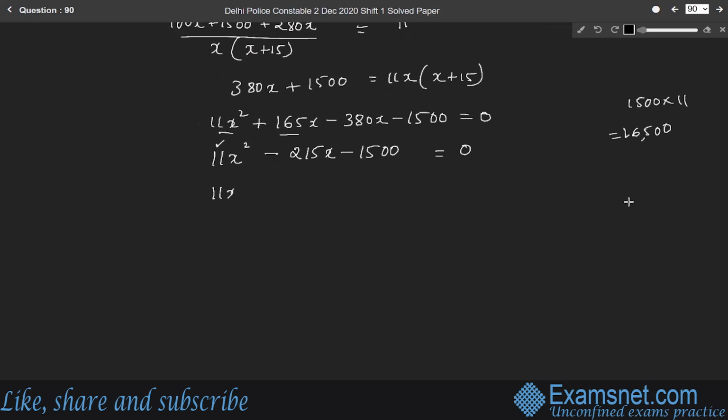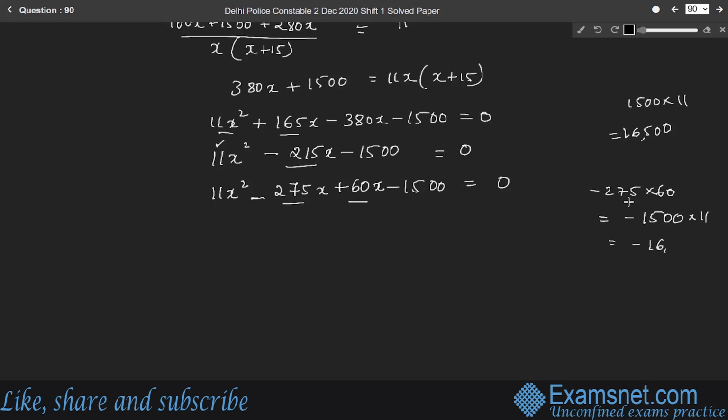So 11x square minus 275x plus 60x minus 1500 is equal to 0, right? So here minus 275 plus 60 becomes minus 215, and minus 275 into 60 becomes minus 1500 into 11, which is minus 16,500, right?